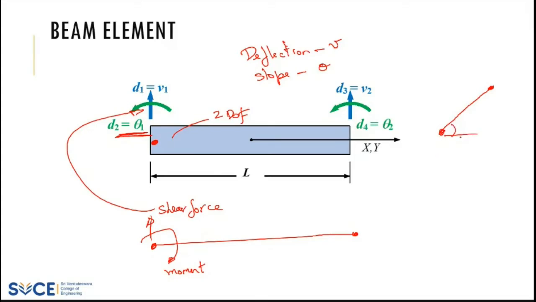You will be resolving this into 2, and each will have 2. So one node will have 4 cross 4, sorry, one element will have 8 cross 8 matrix. Very complicated. We call that element a frame element.